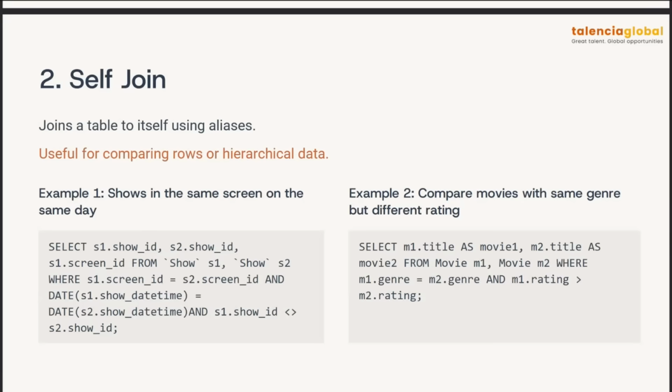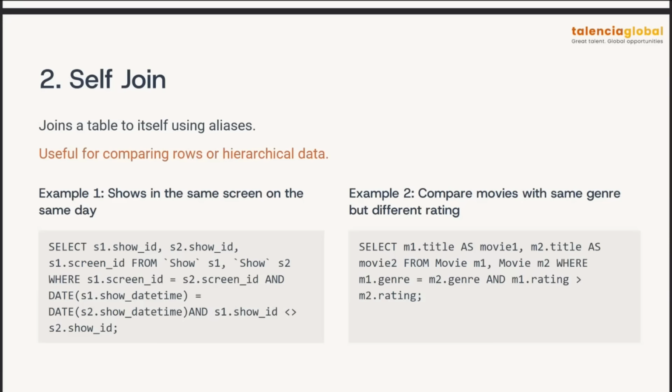That is the reason it is called self-join. To do this, you have to use table aliases. That is the important part. You have to assign different names to the table within the query itself. Only then you will be able to use the self join.